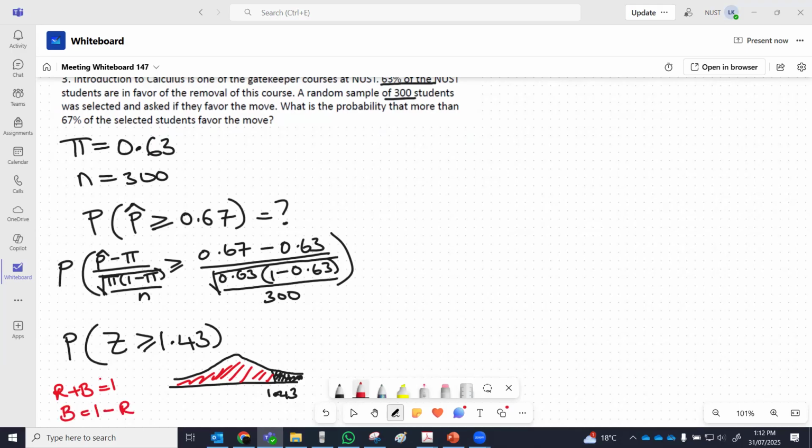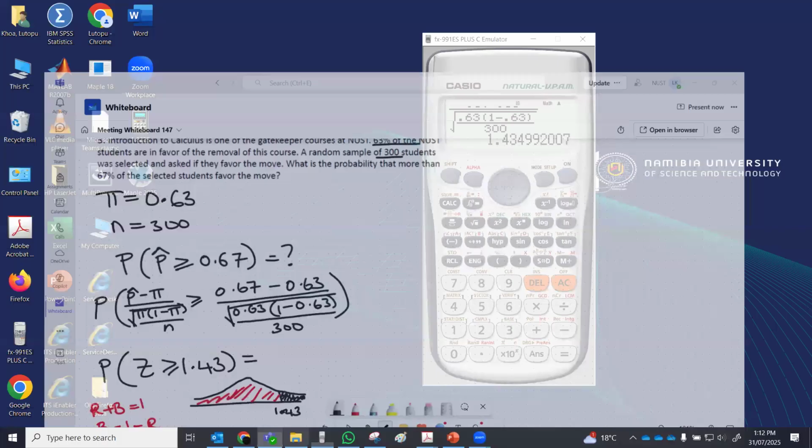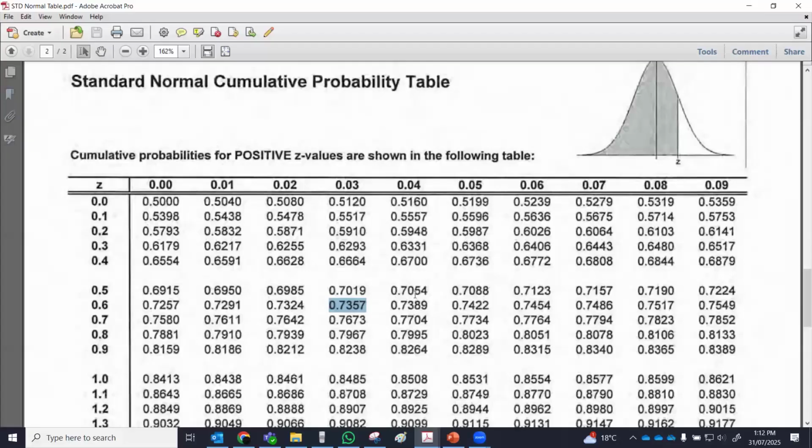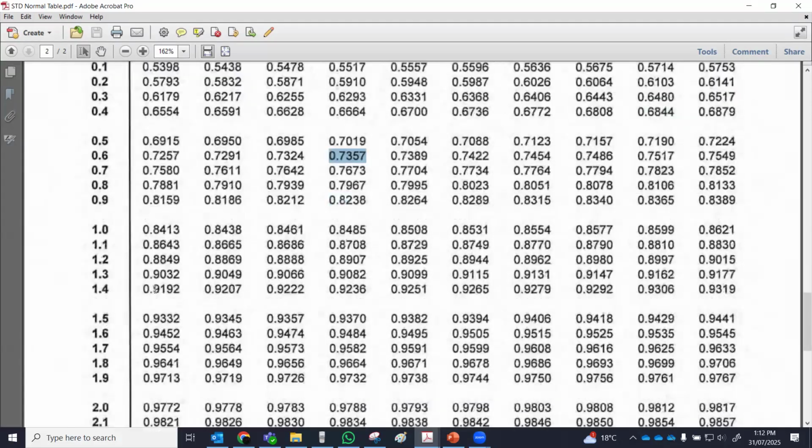So this red, we read it from the table and then we subtract. So the probability is going to be equal to, we go to our table and we look for 1.43.